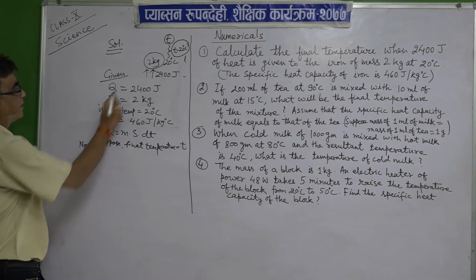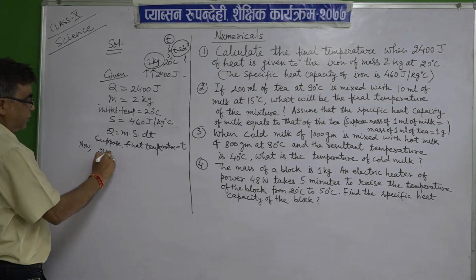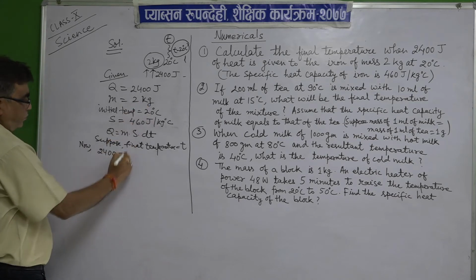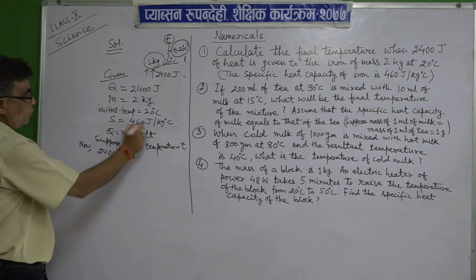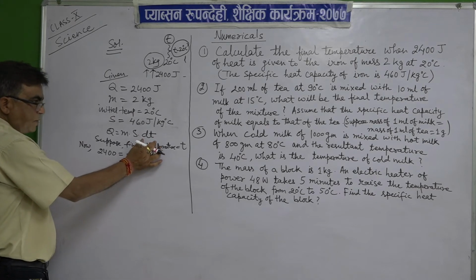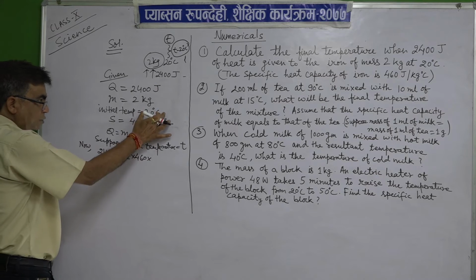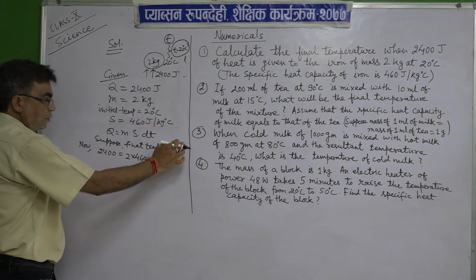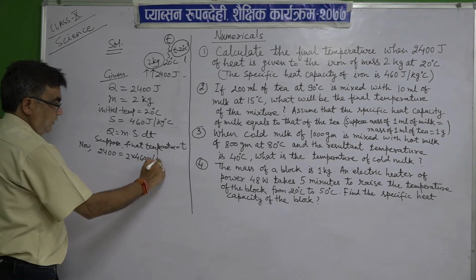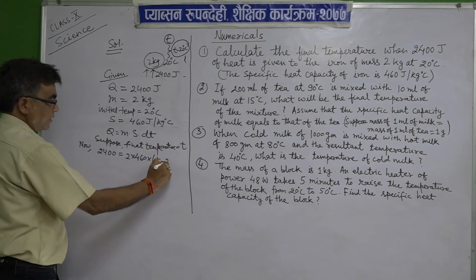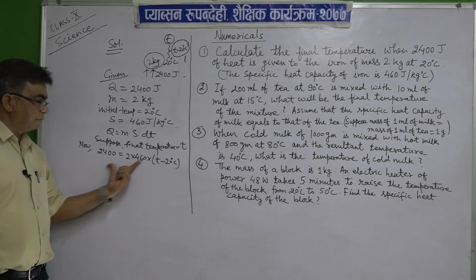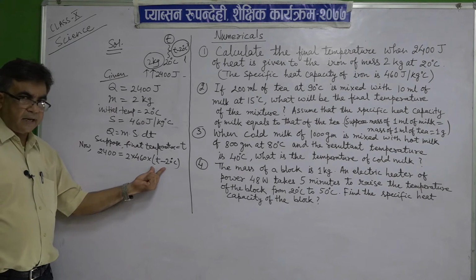Look here, Q is given, 2400, okay, M is 2, S is 460, and dt, what will be the dt? Temperature difference. Initial temperature is 20, final temperature we have supposed T, and this T we have to find out. So, final temperature minus initial temperature 20 degree centigrade. Is that clear? From here, now you can calculate this T.